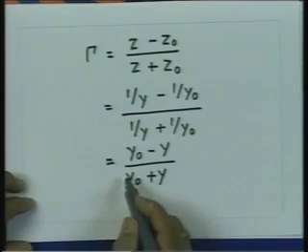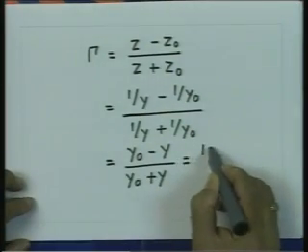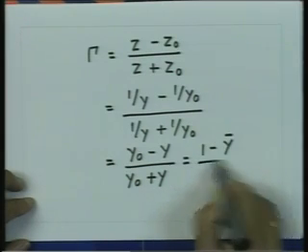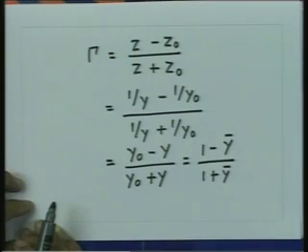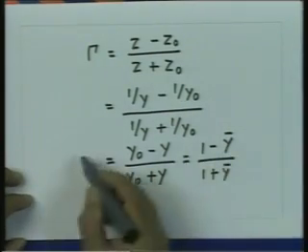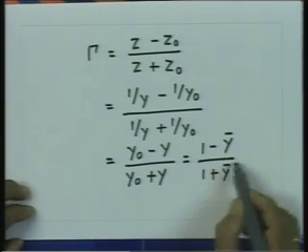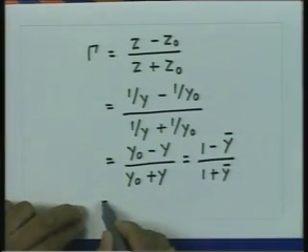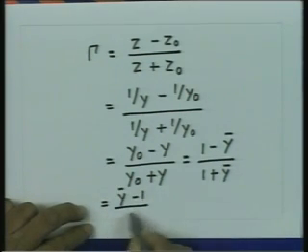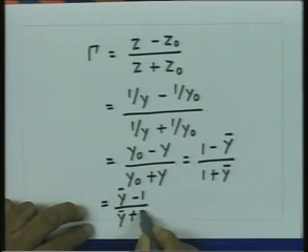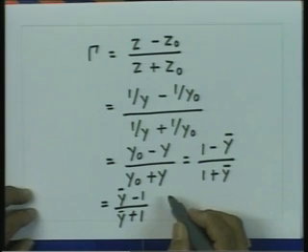If I want to write in terms of normalized admittances, I can take y0 common. So, that will be equal to 1 minus y bar divided by 1 plus y bar. If I take negative sign common, this will be minus y bar minus 1 divided by y bar plus 1. So, this we can write as y bar minus 1 divided by y bar plus 1, and the minus sign is nothing but a phase change of 180 degrees.